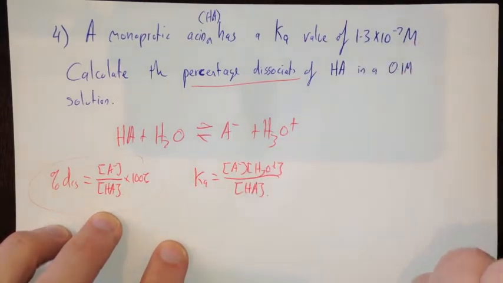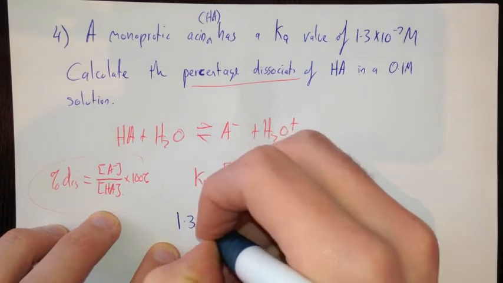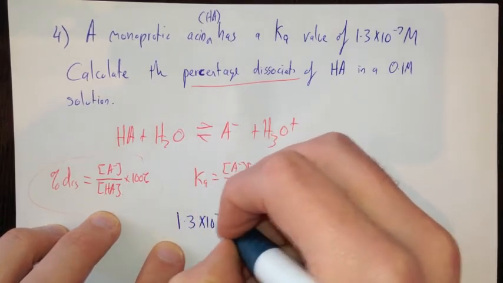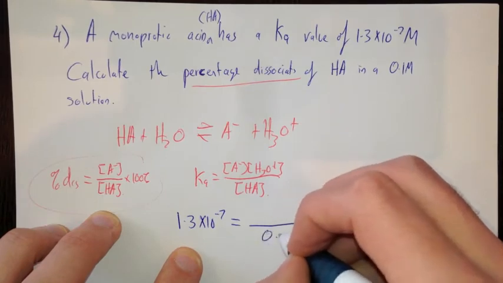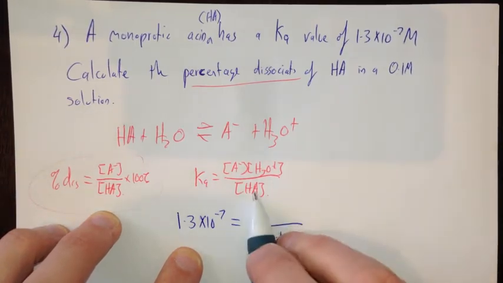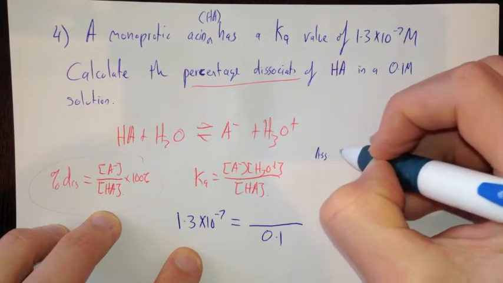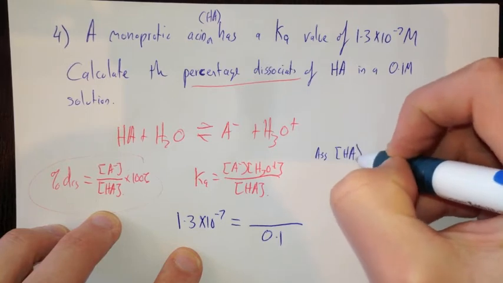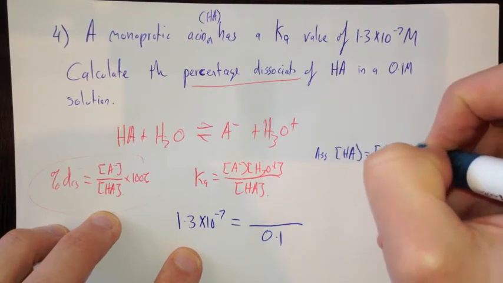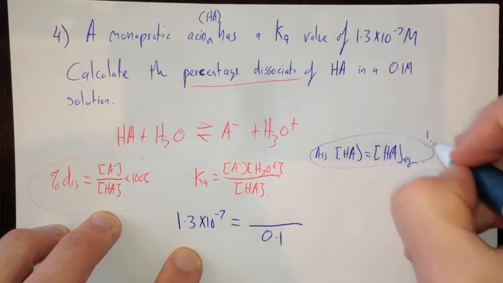So what we have to do is sub in some values. We've got a Ka value here. I'll go back to blue. So we've got 3.1 times 10 to the negative 7 equals something over 0.1. Obviously that's coming in here. Now our assumptions: we assume that the concentration of HA initially equals the concentration of HA at equilibrium. That's assumption number one.